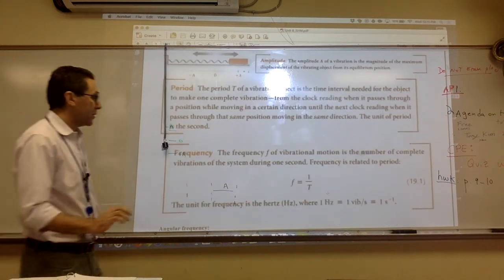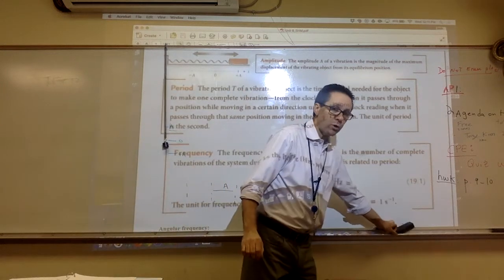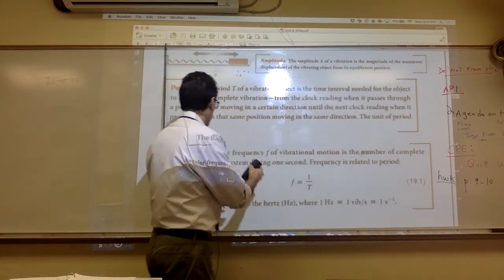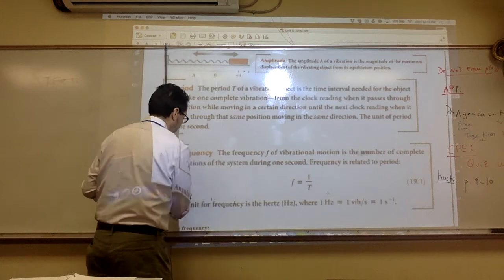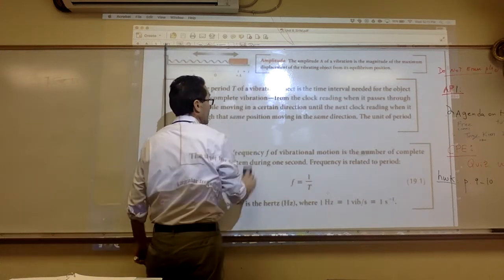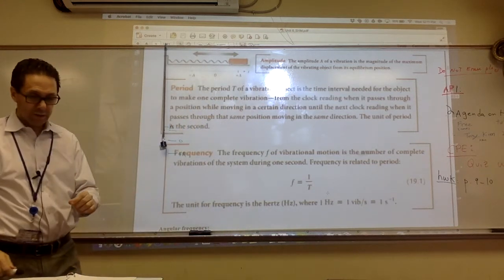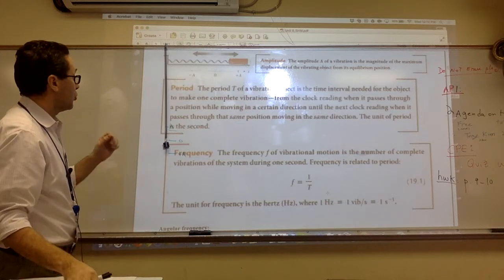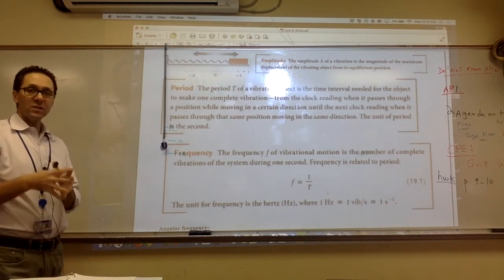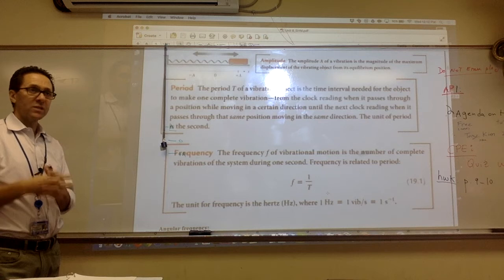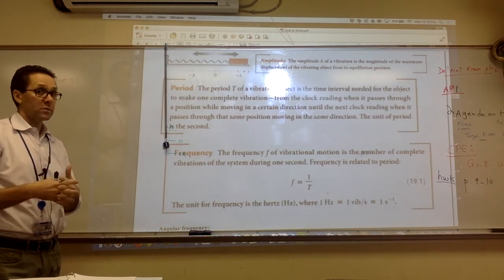Okay, the period is basically how long it takes to do a cycle. Okay, and you learn in your math class that whenever you do trig functions, you always break your period into quarters, because the interesting stuff happens at the quarters, right?